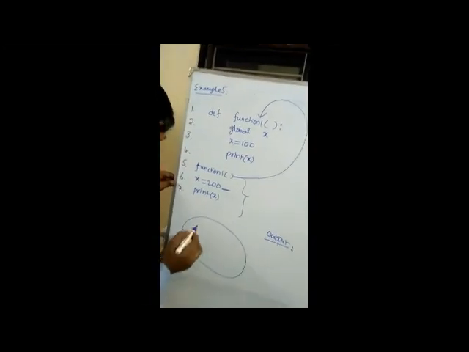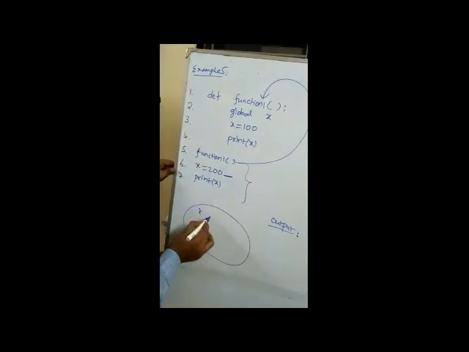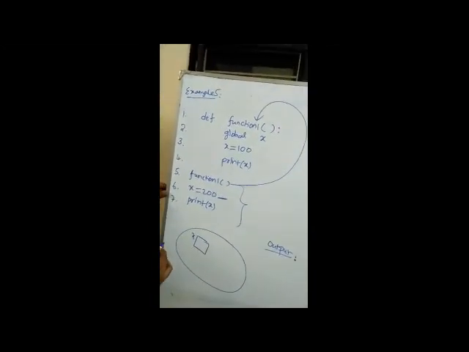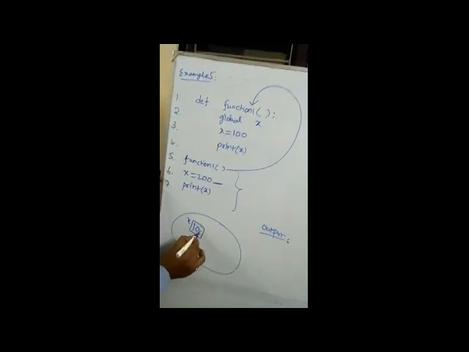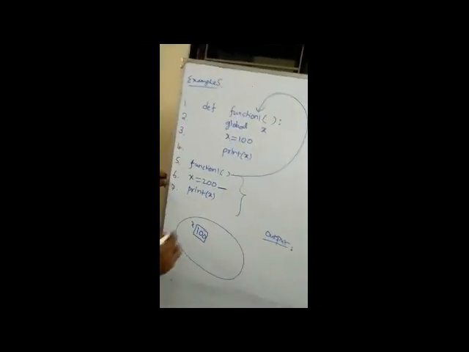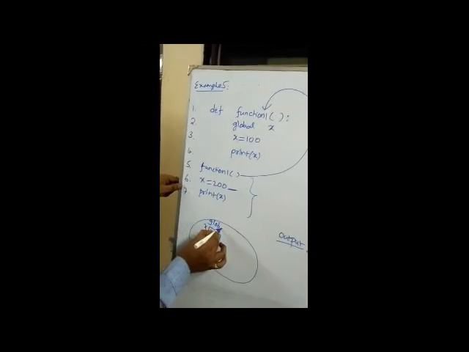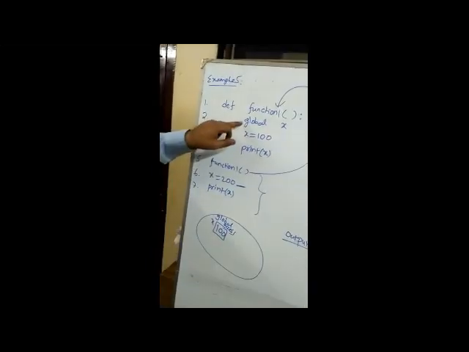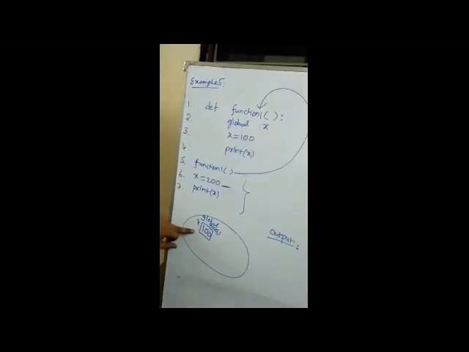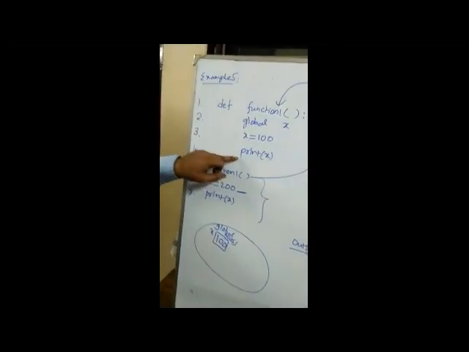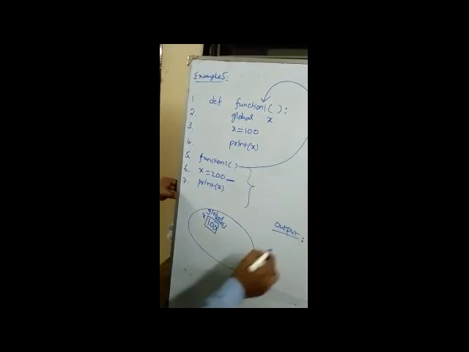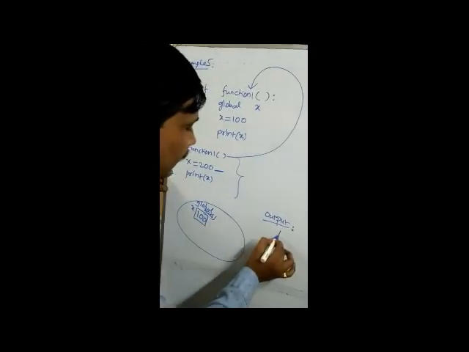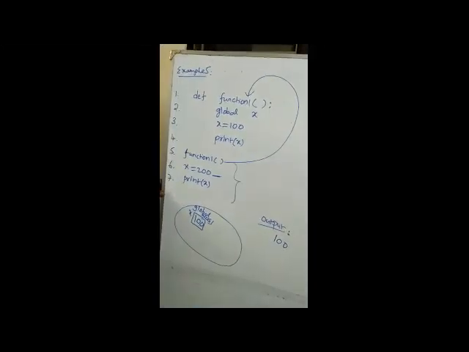Then immediately in memory one x variable is created with the value x is equal to 100, and this can be treated as a global access variable. Next, print of x is printed in output. X value is here 100. That's why it displays the value 100.